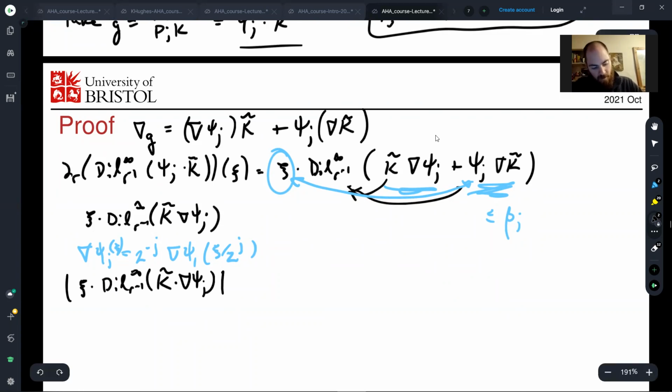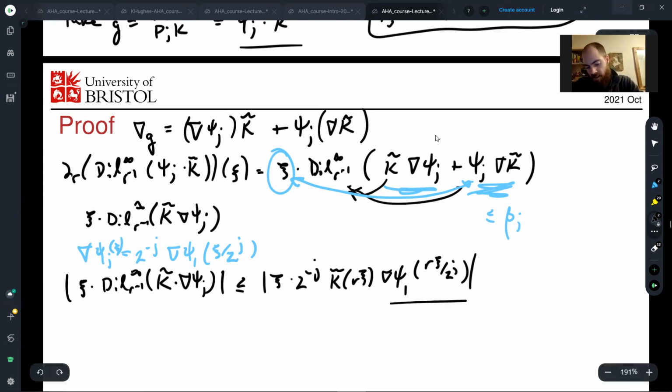is in absolute value less than or equal to c interproducted with 2 to the minus j k tilde, arc c, gradient of psi_1 of arc c over 2 to the j. And this function phi, and hence psi_1, is fixed. This is Schwartz, so this has just some supremum over it.